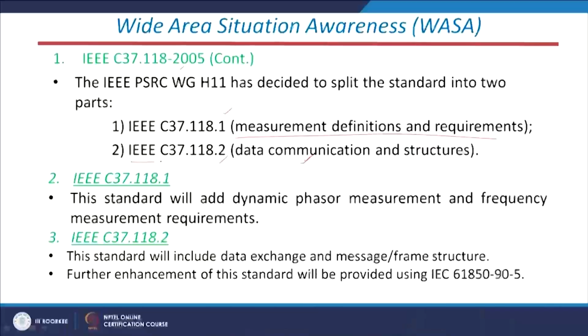To transfer those data, the phasors or sequence components of voltage and current, to other devices or stations, the PMU needs a communication infrastructure. So, that data communication structure should be defined. IEEE C37.118.2 helps for that, and that is what I have just written here.